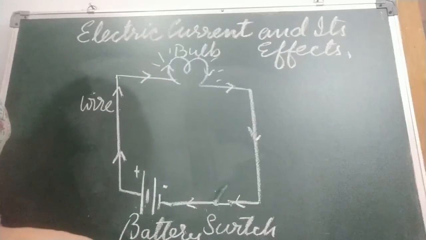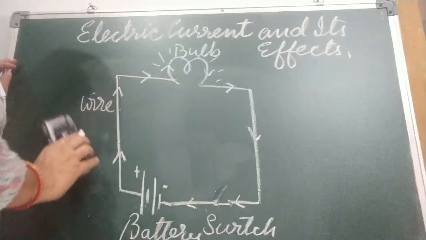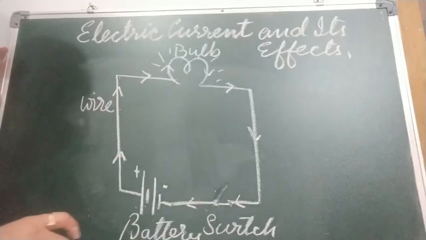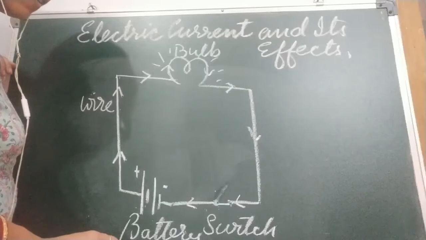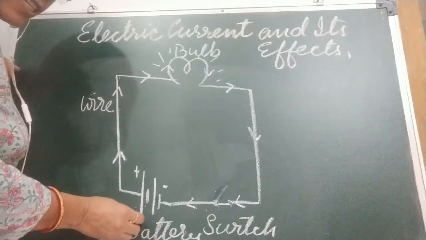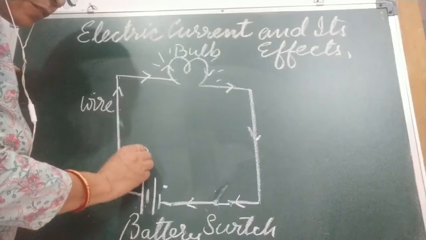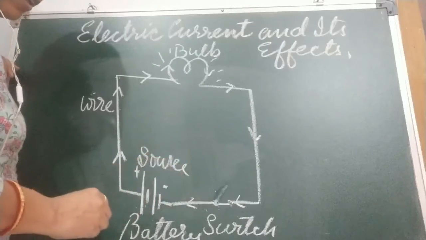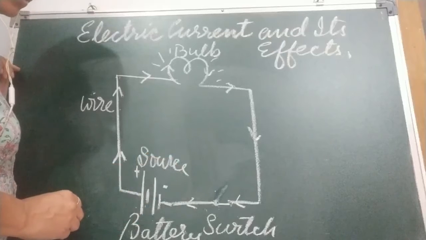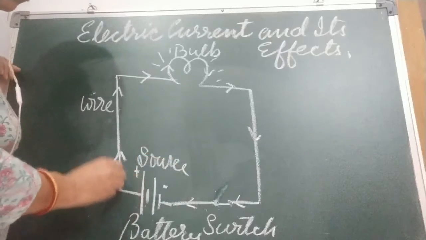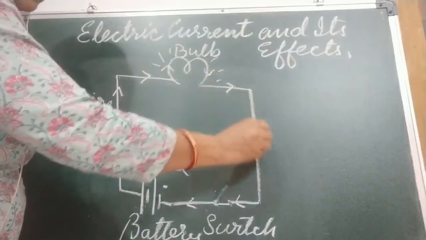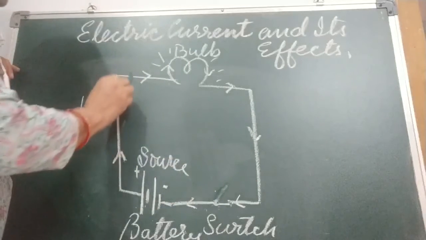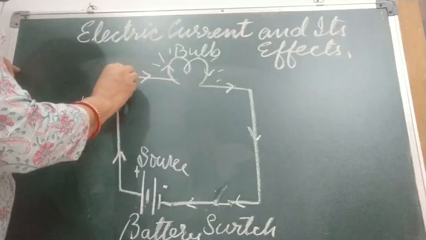Now few things we need to remember while drawing circuit diagram. First, there should be a source, that is one or more electric cells. This is source. The wire should not have any discontinuity. You are seeing the wire is continuous. If there is any break, then what happens? The current will stop here, it will not pass.